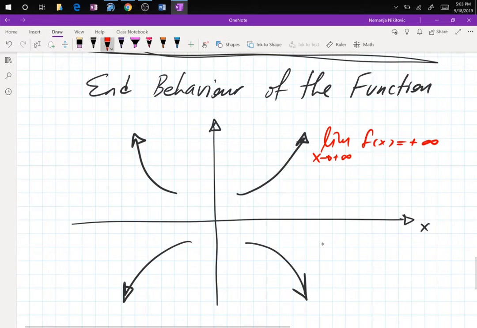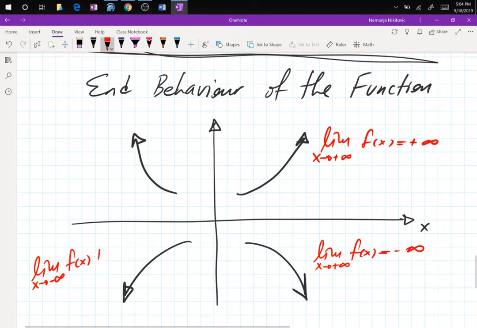So now, we have the limit as x goes to positive infinity of f of x going down to negative infinity, and now follow the pattern and fill the 2 on the left. Both on the left are going to negative infinity.